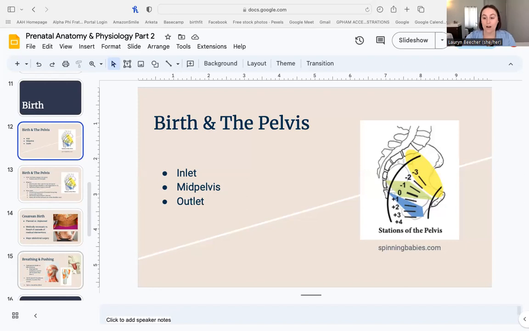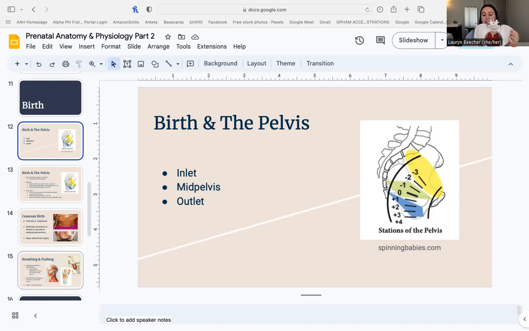To start off, I wanted to orient you a little bit to the different areas of the pelvis. If we look at the picture here, at the very top where that yellow circle is, that's the inlet of the pelvis. That is basically our top opening.